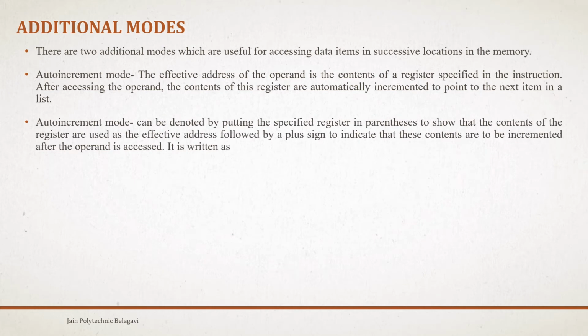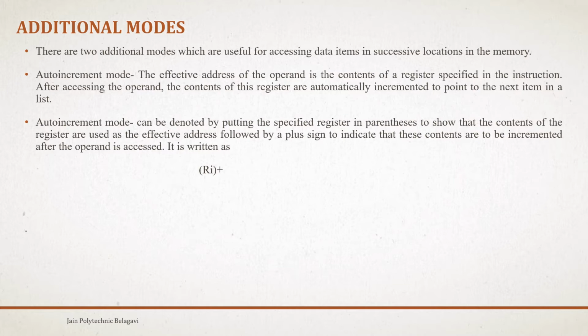Auto increment mode is denoted by putting the specified register in parentheses, which shows that the contents of the register are used as the effective address, followed by a plus sign. As you can see in the example, Ri is some register. The round brackets indicate that we are trying to find the effective address. After finding the effective address, we increment the register value.